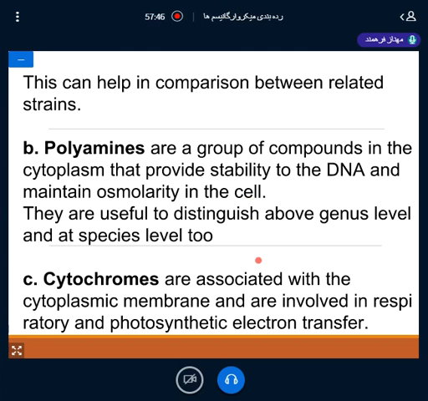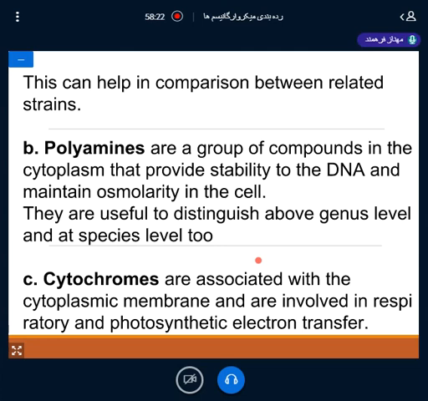Why do you know why? Because they have positive polarity and they can neutralize the negative polarity of the DNA. So they can provide stability to the DNA molecules. Polyamines with positive charge and DNA with negative polarity.